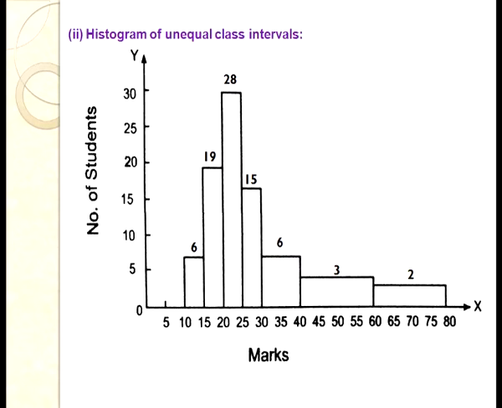In this histogram, what are we looking at? For certain classes, the width of the rectangles is changing, for whom we have adjusted the frequency. For others whose frequencies are not adjusted, their width remains the same, that is 10 to 15, 15 to 20, 20 to 25, 25 to 30. As the class interval gap is the same, we have not adjusted the frequency, so the width remains the same.